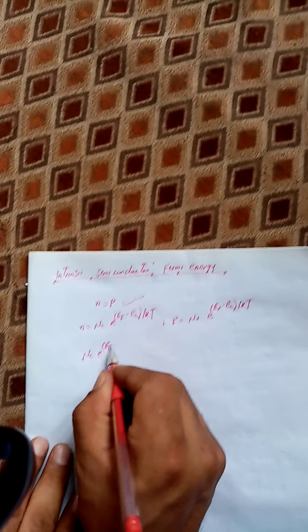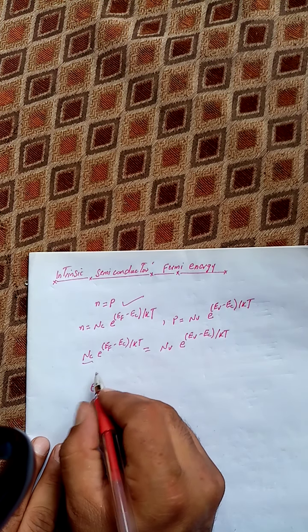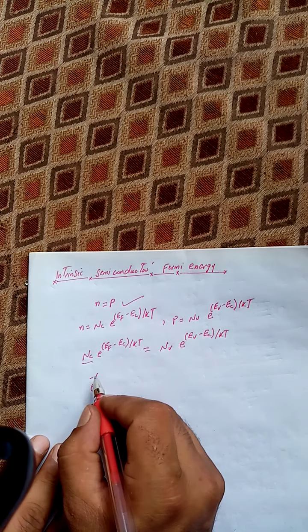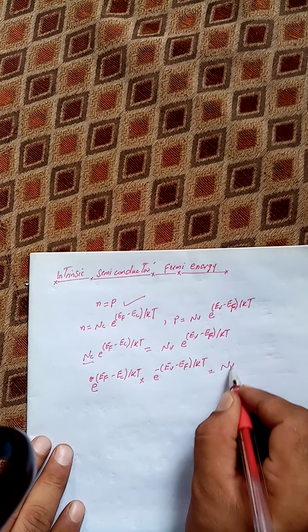Now if I bring this factor to this side and this factor to that side, we get e raised to a power EF minus EC over kT into e raised to a power minus EV minus EF over kT, which is equal to NV over NC.